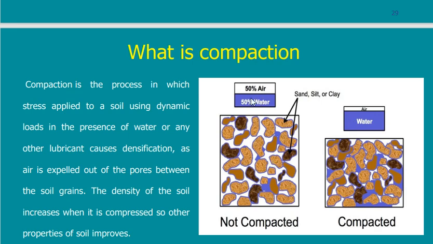This amount will be compressed. Of course, water will not be compressed. So water will remain as it is, but of these 50% air, part of it or a great part of it will be expelled outside. So what will happen? Soil particles will get nearer to each other. Water will still be there, but the voids have decreased a lot.